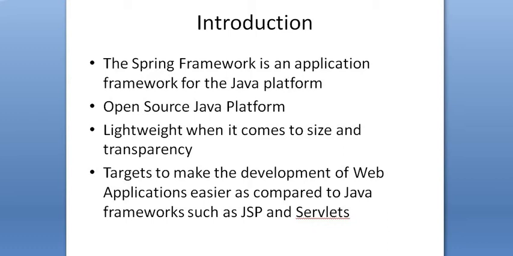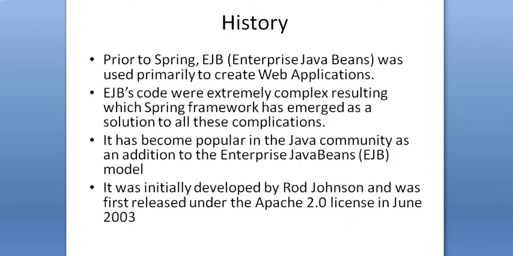So now let us see the history of Spring Framework and how it emerged. Prior to Spring Framework, we used to have EJBs, that means Enterprise Java Beans, that were used primarily to create web applications. They were extremely complex, and writing the code in EJB was a kind of headache for developers.